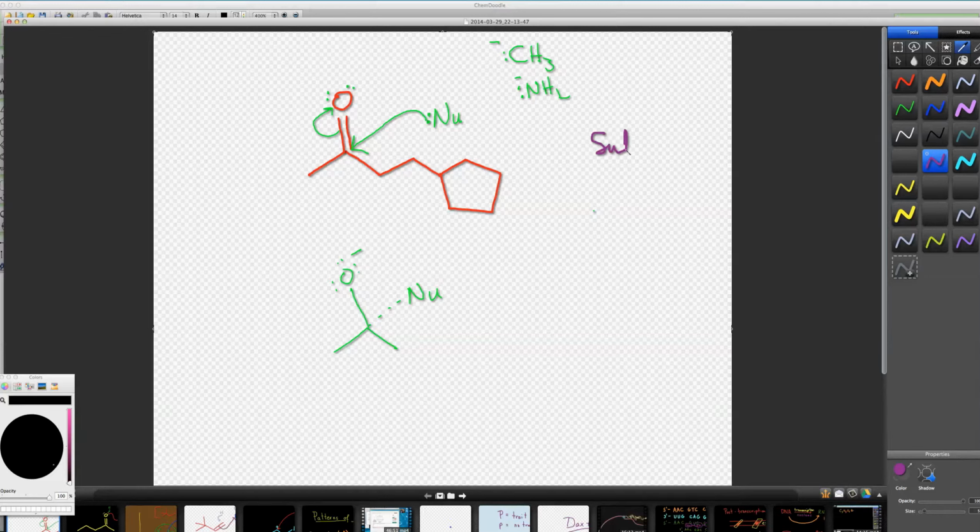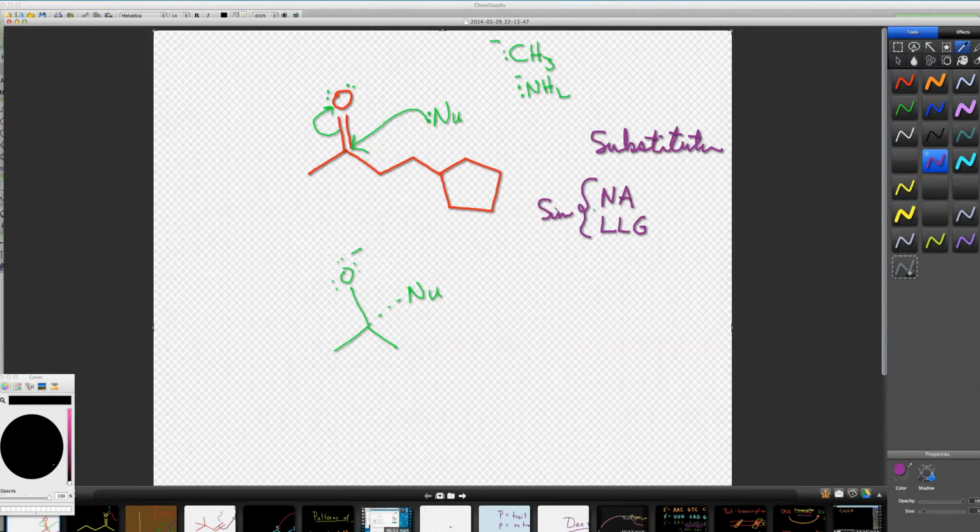So y'all take note of this because it will come into play later. You will have nucleophilic attack and you will have loss of a leaving group. They can both occur simultaneously. And again, I mentioned this on Wednesday. I'm going to say it again. We call this an SN2 mechanism.